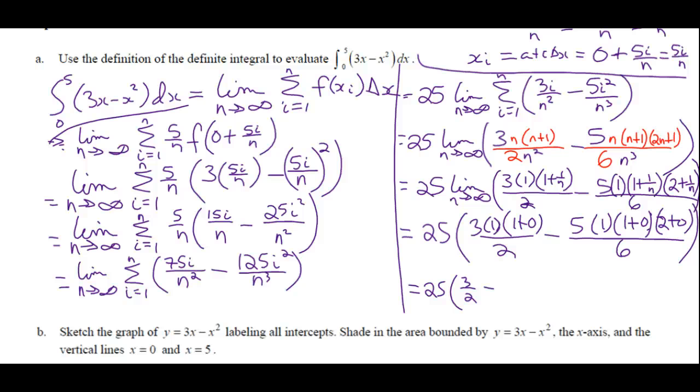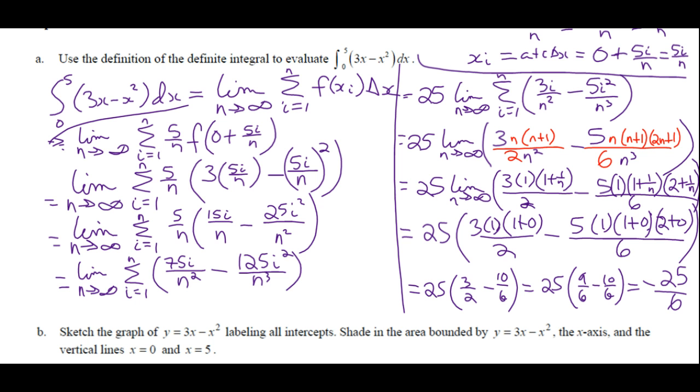I'm going to leave it as 10 over 6, because to add these, I need a common denominator, and if I change that to 5/3, I'm going to have to change them both to sixths anyways, right? So might as well just leave that with a 6. So it's 25 times 9/6 minus 10/6, which is negative 25 over 6.